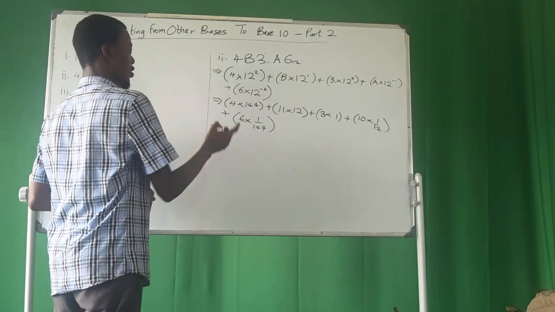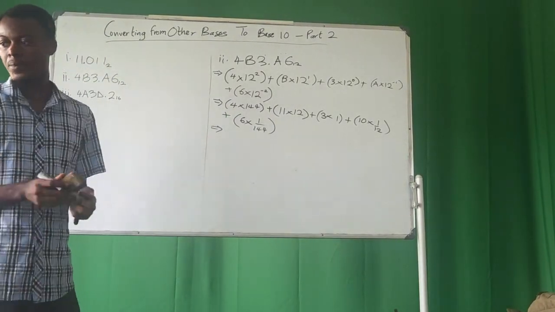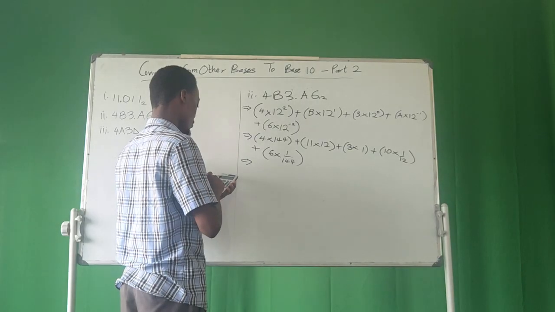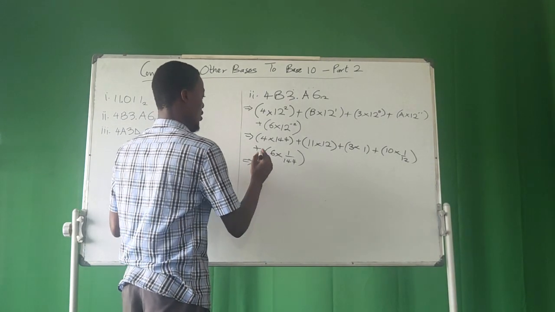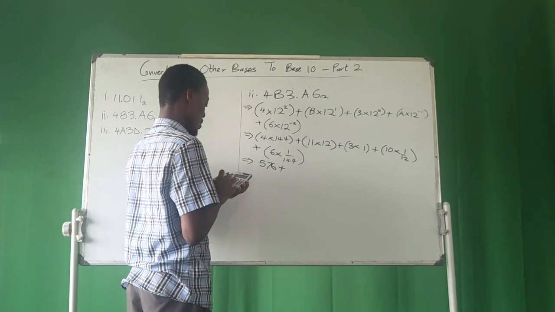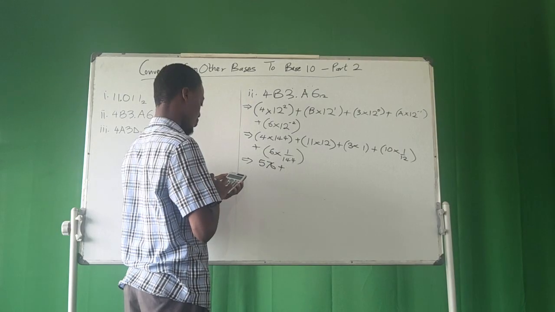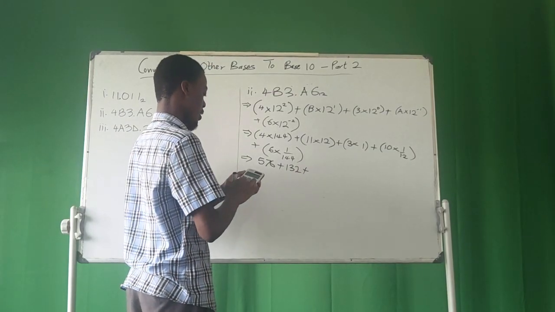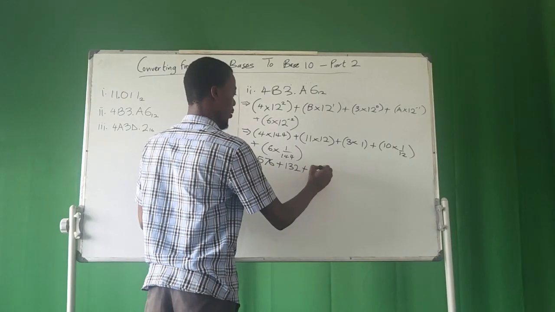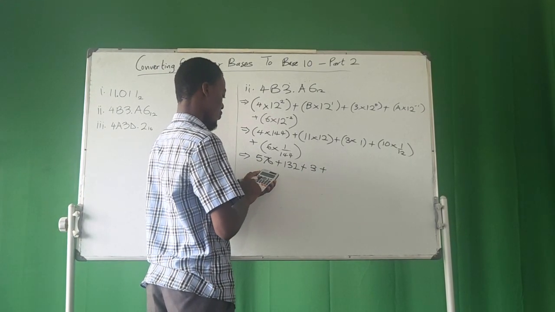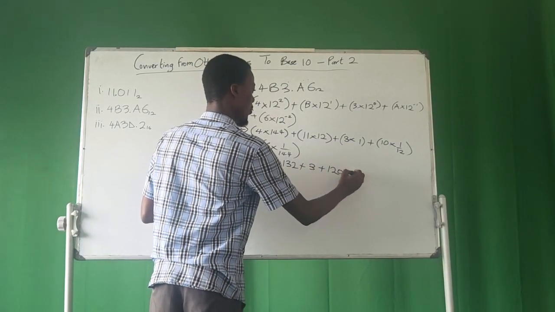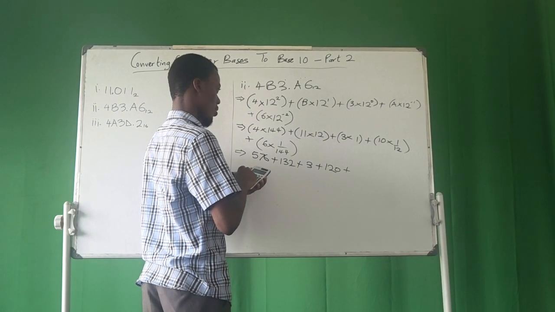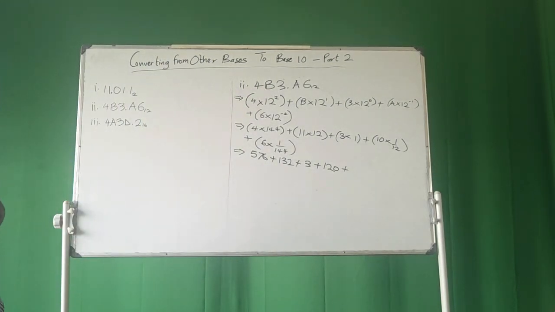So now when you get to this side, 4 times 144, let me just go for the calculator. 4 times 144 is 576, plus 11 times 12, this is equal to 132, plus 3 times 1, which is 3, plus 10 times 12, which is the same as 120... wait, 10 times 1 over 12.